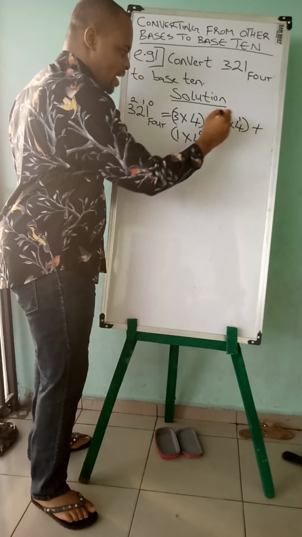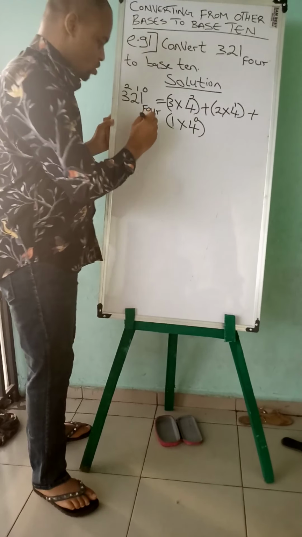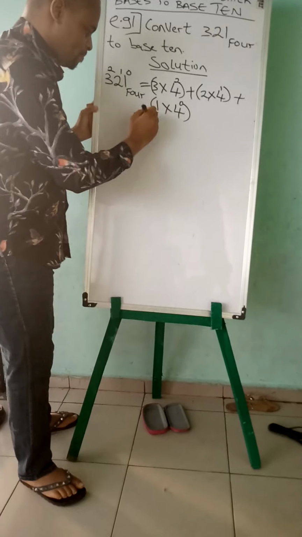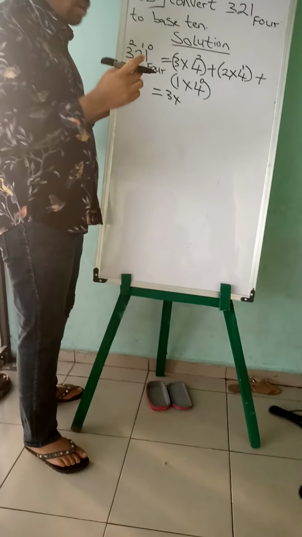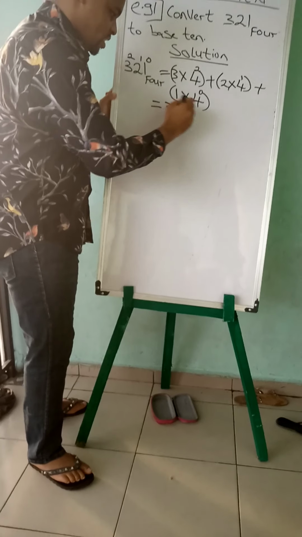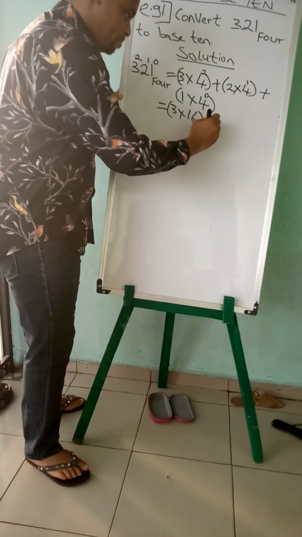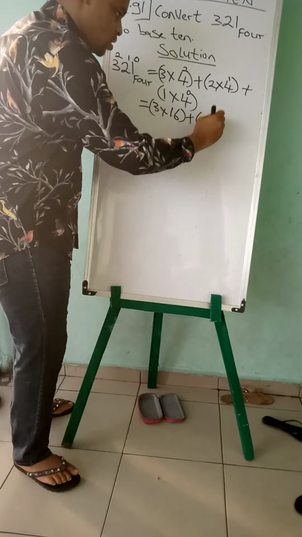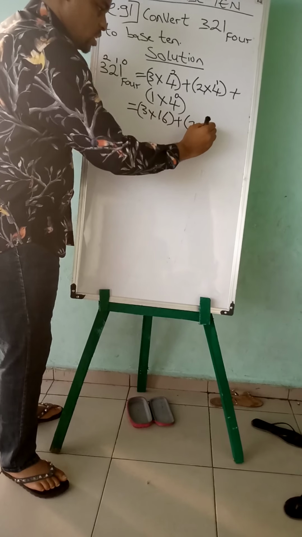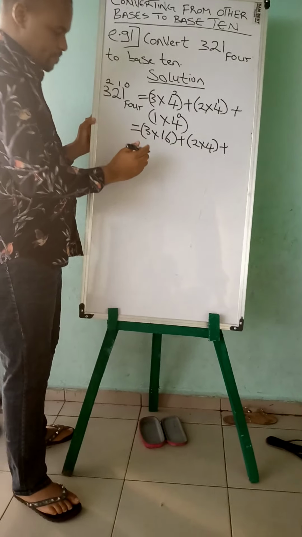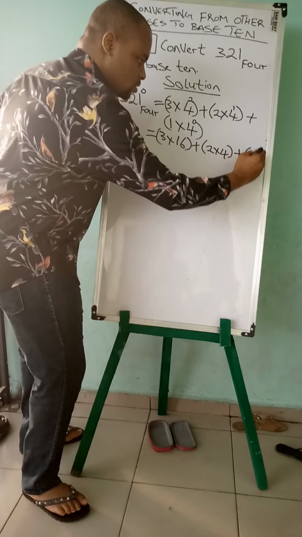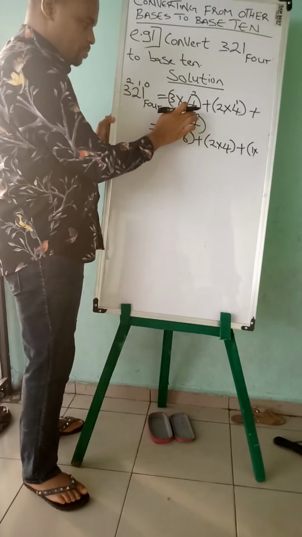0, 1, and 2. So this is the same as writing 3 times 4 raised to the power of 2, which means 4 times 4, and 4 times 4 is 16. Plus 4 raised to the power 1 is 4. Plus 4 raised to the power 0 is what?